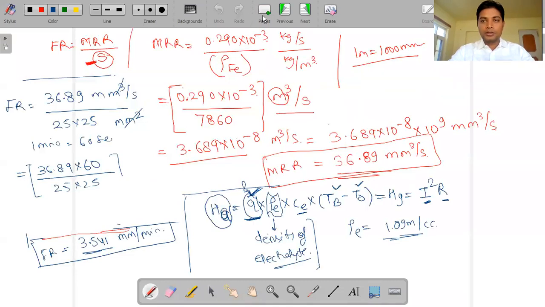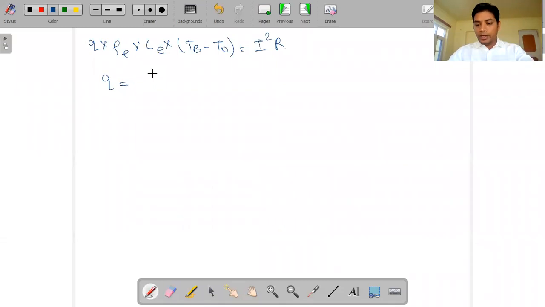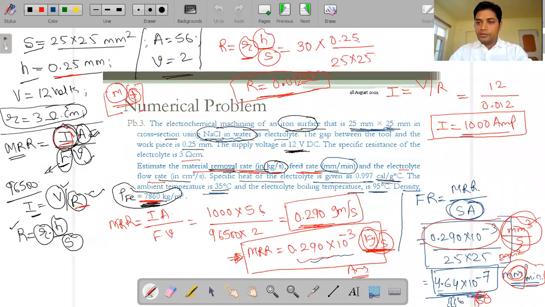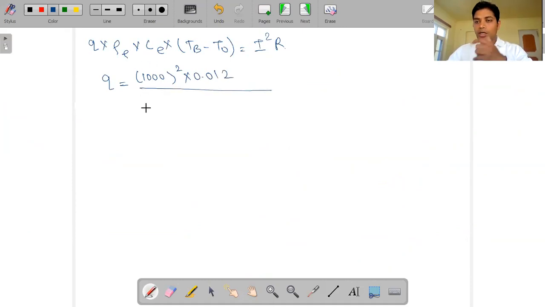Now the equation will be Q into rho E into CE into (TB minus T0), equal to I square into R. So Q equals I square R upon rho E CE (TB minus T0). I is 1000 ampere and R is 0.012, so 1000 square into 0.012, upon rho E, which is 1.0 gram per cc.